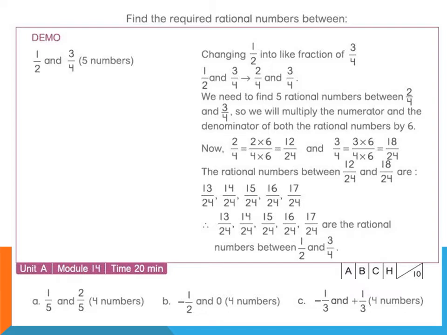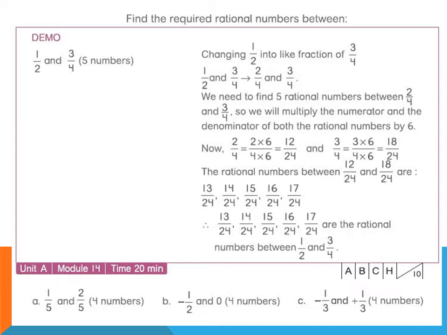So we multiply the numerator and denominator of both by the number 6. So 2 into 6 is 12, 4 into 6 is 24. So 2 by 4 becomes 12 by 24. Again 3 into 6 is 18, 4 into 6 is 24. So 3 by 4 becomes 18 by 24.